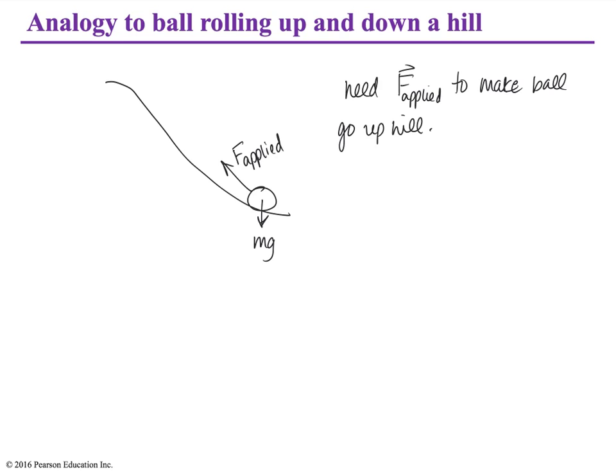So the ball's not going to go up the hill naturally. We have to apply some sort of external or applied force in order to make it happen. The applied force will do positive work, but the force of gravity will do negative work.